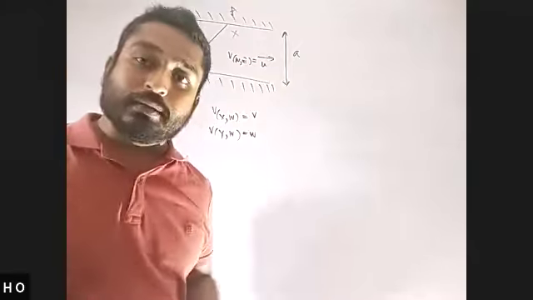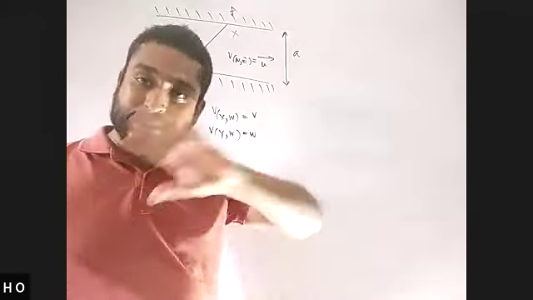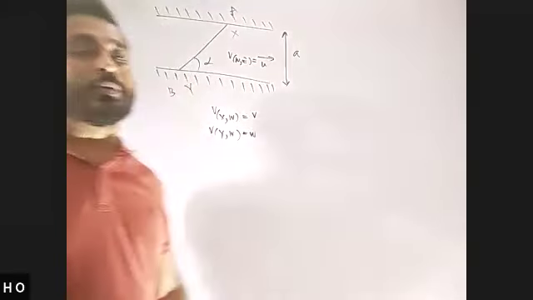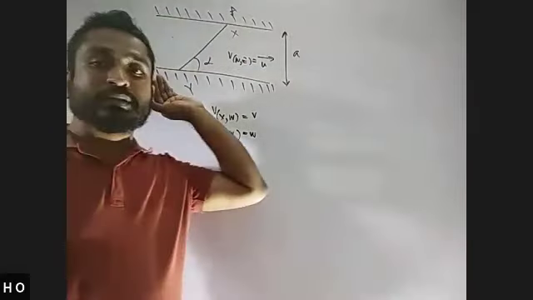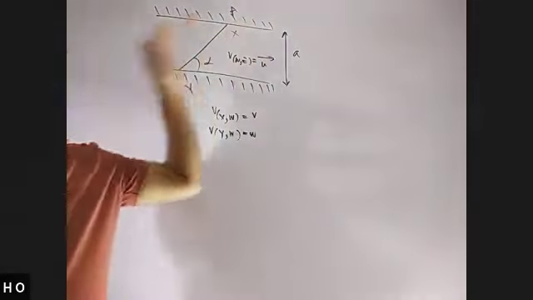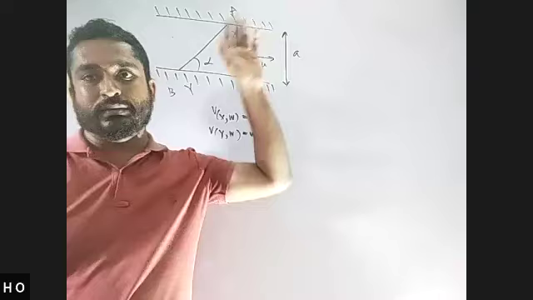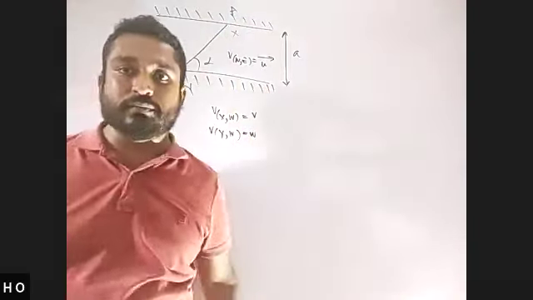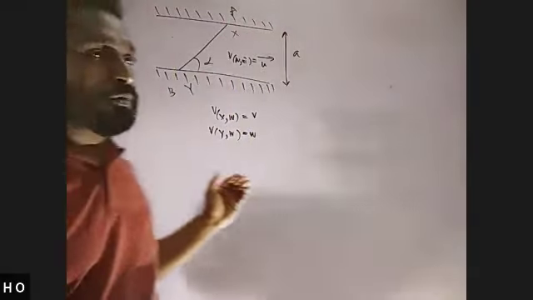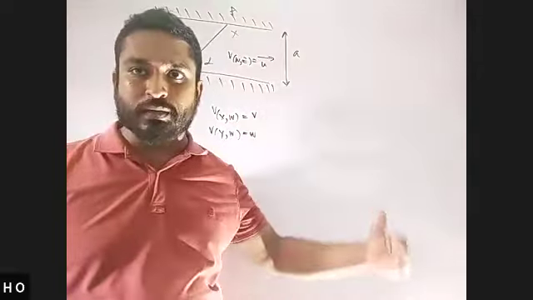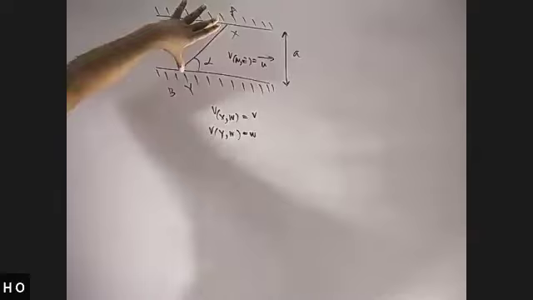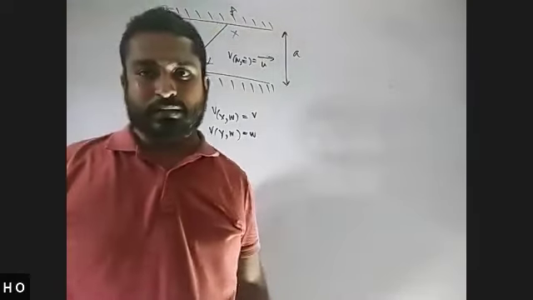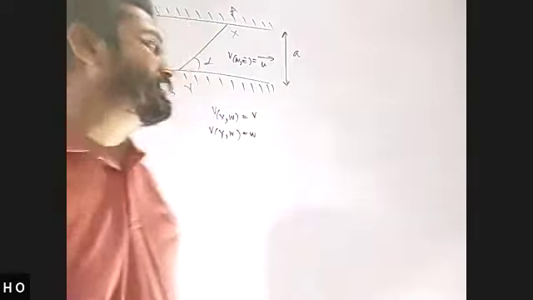You have to find the velocities relative to the Earth. Then only can you find the intersection, because these positions are relative to the Earth. This is what you observe from the frame of the Earth. Even though the water is flowing, these positions are constant relative to Earth.